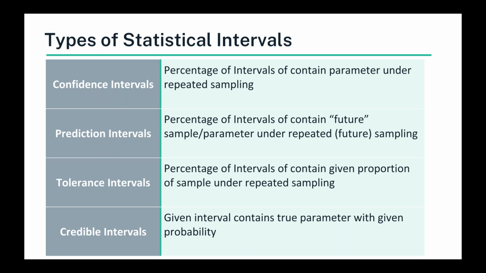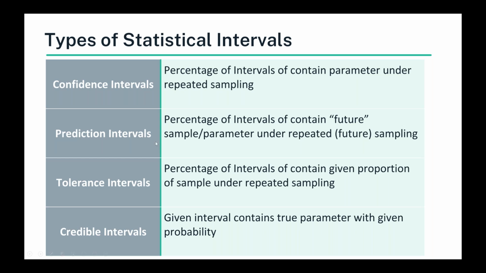And then what that something is depends on the type of interval we're using. Up to now, what I've basically been describing is confidence intervals, where you want to contain a parameter like mean, standard deviation, or proportion. Like you might want to be sure that a certain percentage of total intervals under repeated sampling contain a true mean.